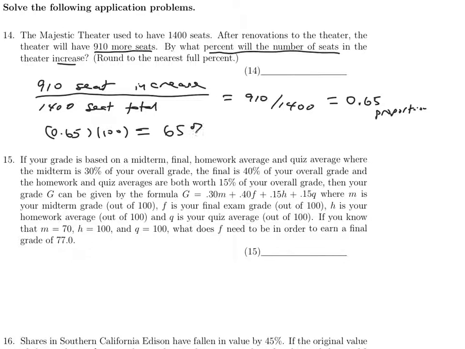So 65% of the 1,400 seats is the increase. So our answer is 65%. And so what that means is we can think of this increase as that for every 100 seats that were there, they're adding 65 additional seats.